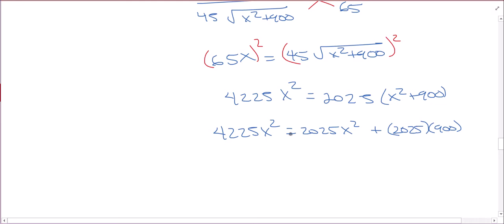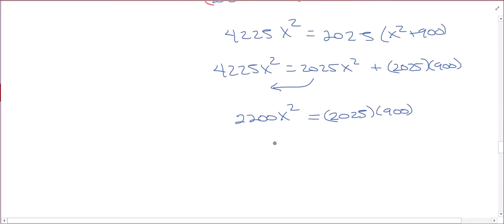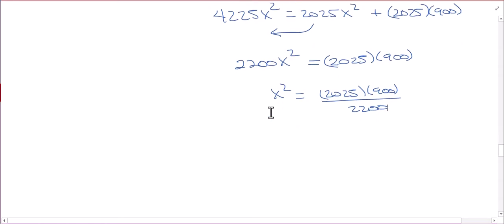Big numbers here. Subtract the 2025x squared over to that side, so we're going to have 2200x squared equals the 2025 times 900, and then divide both sides by 2200, so x squared is 2025 times 900 over 2200, and then take the square root to get x by itself.